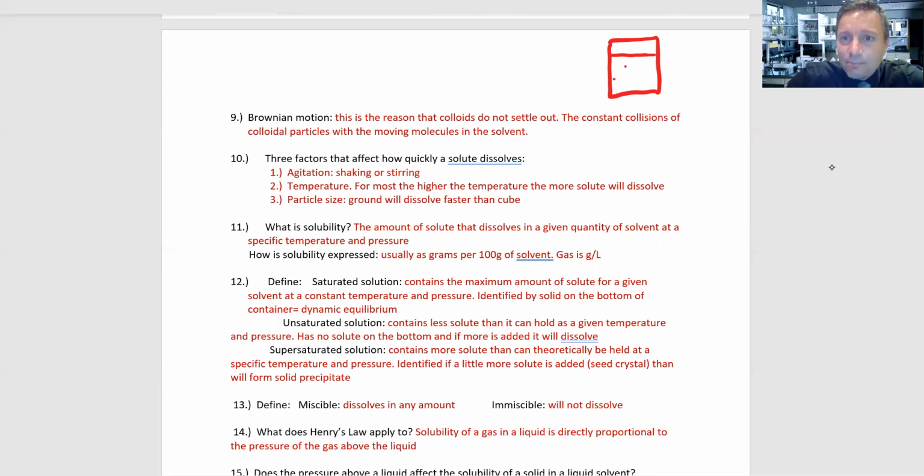So you have these particles that are in here, and they are constantly being struck by the movement of the particles in the solvent, striking it and making them move. That's why they can't settle to the bottom, because they're small enough that they're going to be bounced and jostled around. So this is the reason that colloids do not settle out. The constant collision of colloidal particles with the moving molecules of the solvent. That's Brownian motion.